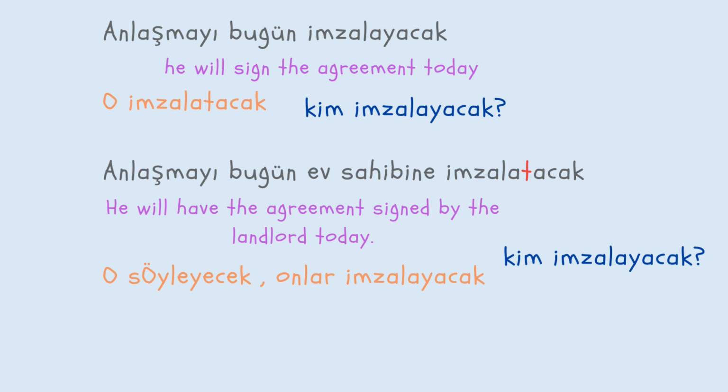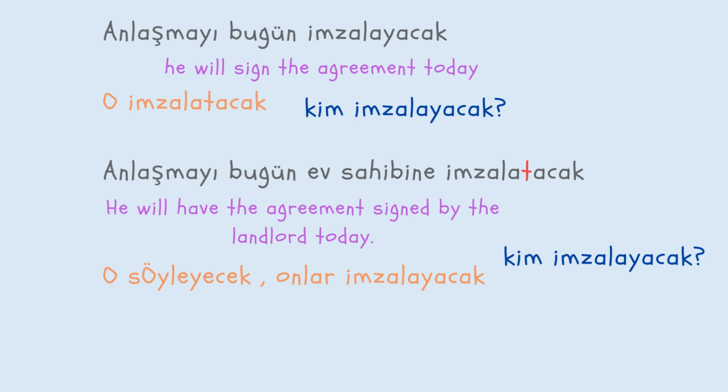But when I say anlaşmayı bugün ev sahibine imzalatacak, it means he will have the agreement signed by the landlord today. So he's gonna say, and they will make the landlord sign the agreement.